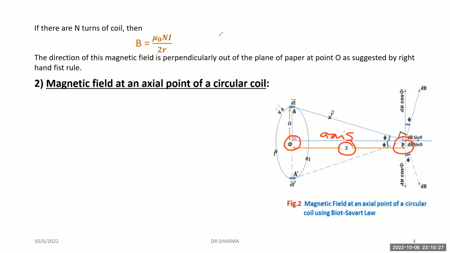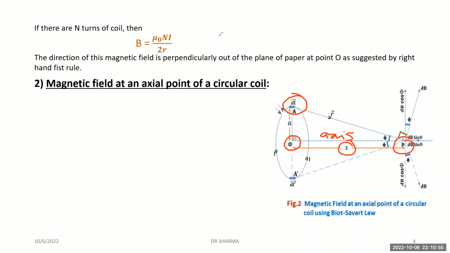For this purpose, consider a current element at point A, and the direction of dl will be the same as the direction of current at that point. Now join point A and point P. There forms a right-angled triangle OAP.